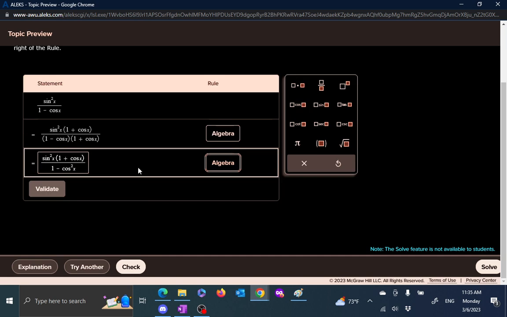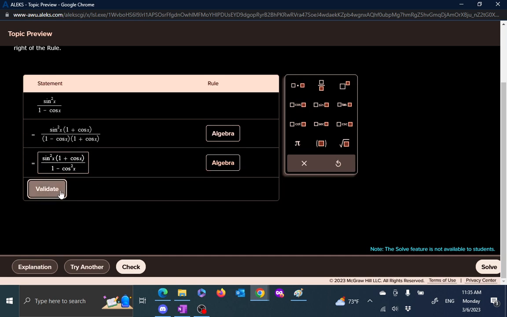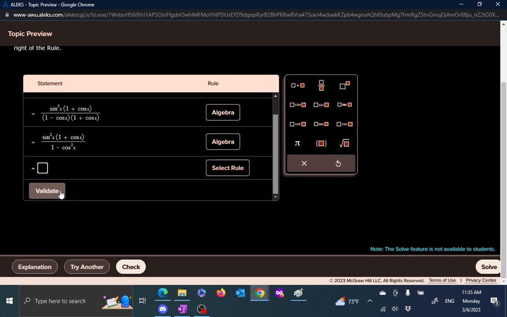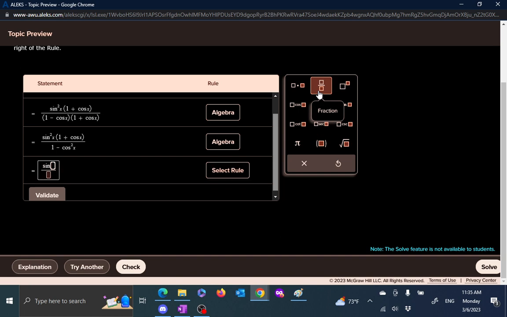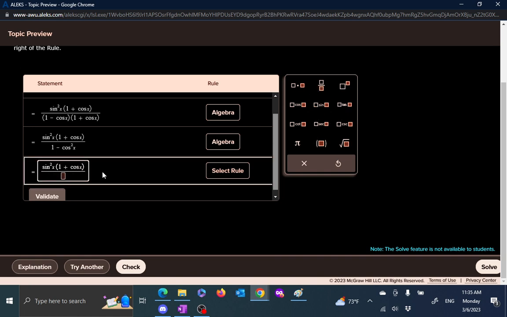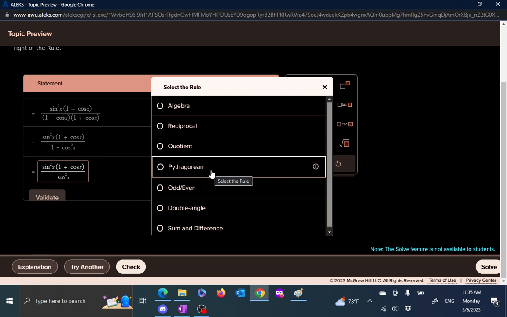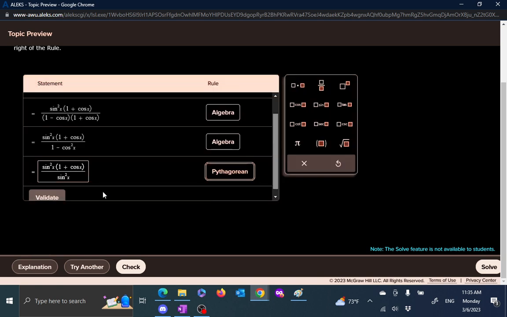So I'm indicating I have my algebra. Now I write sine square of x times 1 plus cosine of x. In the denominator, you want sine square of x. So what did I do? Now I say I'm doing Pythagorean. So I couldn't do two things all at the same time.